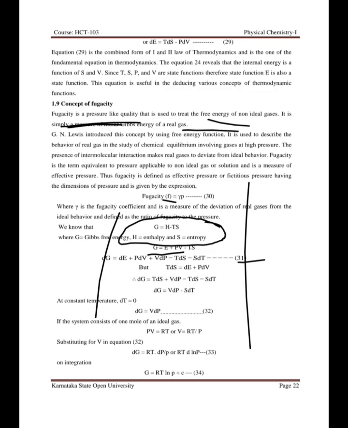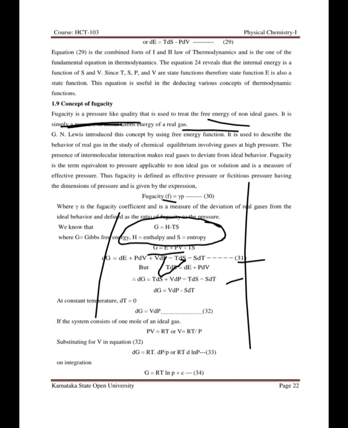So that is the equation 31. But T delta S is equal to delta E plus P delta V, and that can be substituted in equation 31. This T delta S value has been substituted in equation 31.